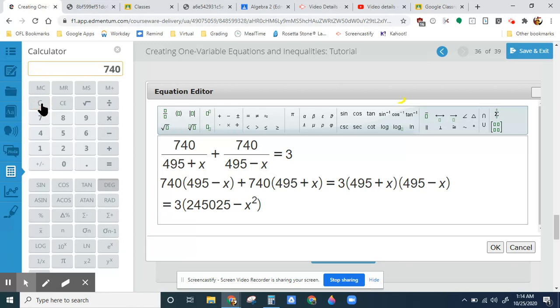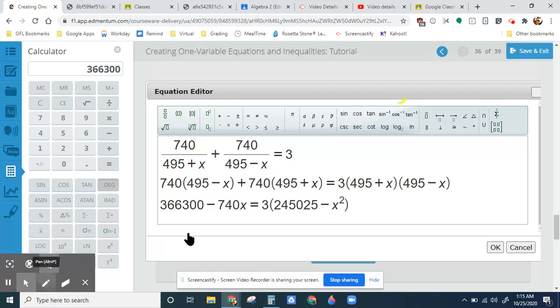Okay, so let's do this. 740 times 495. Okay. 366,300 minus 740x, because we're distributing this here. Let me physically show you guys. We're distributing this here. This one, I did this times this, and I used DOTS just for a recap. And I'm going to distribute here as well.